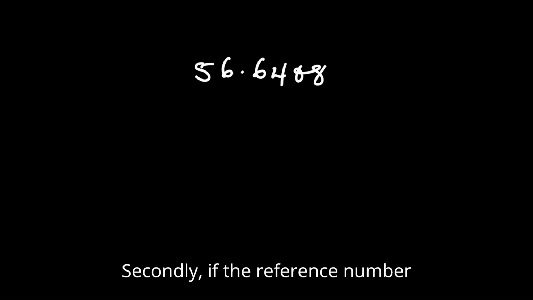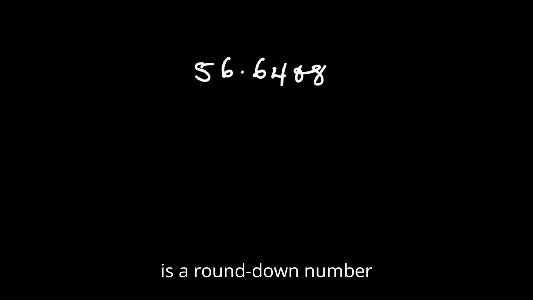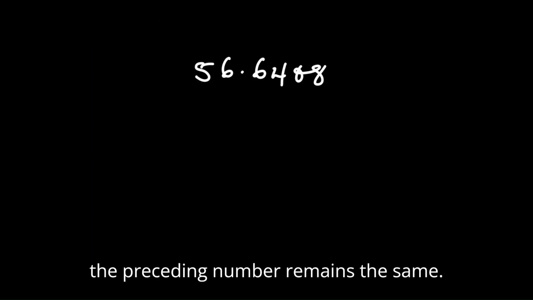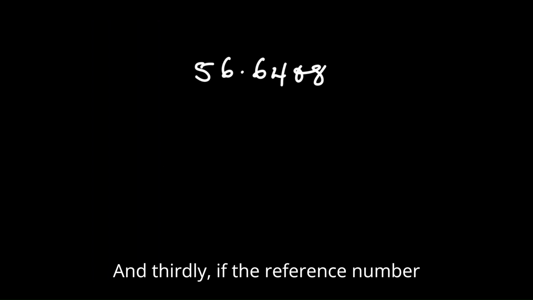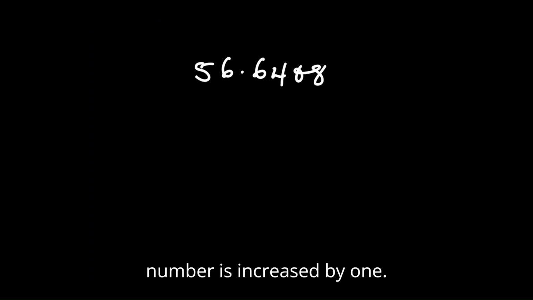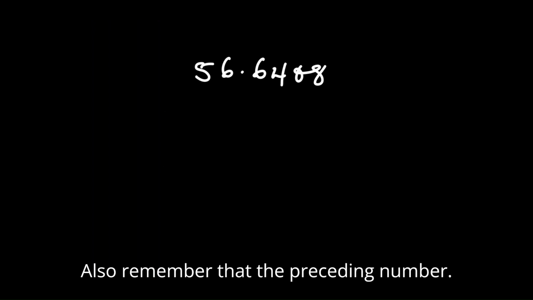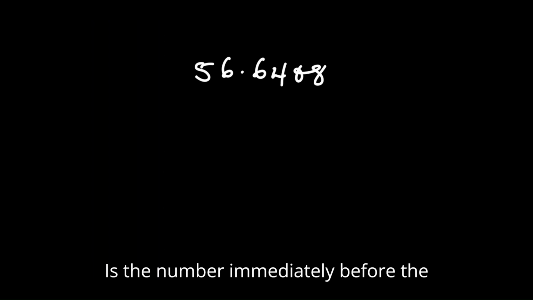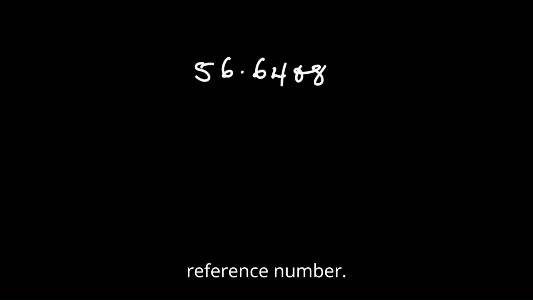Secondly, if the reference number is a round down number from 0, 1, 2, 3, and 4, the preceding number remains the same. And thirdly, if the reference number is a round up number, the preceding number is increased by 1. Also remember that the preceding number is the number immediately before the reference number.